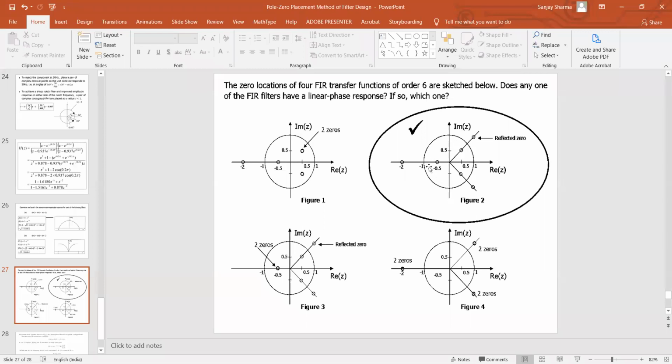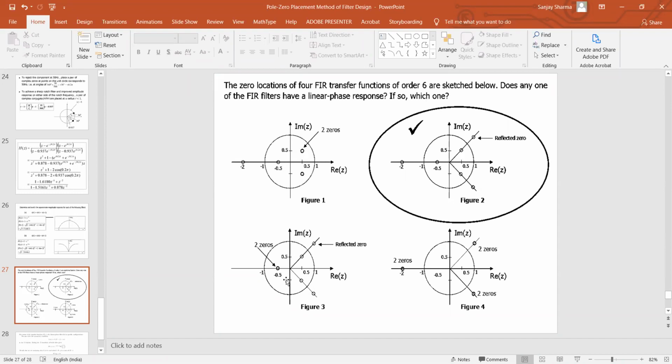This is again an example of a mixed phase, but the zeros are the reflections of each other. In this case, this is a reflection of this zero, this is a reflection of this zero, whereas this is a reflection of this zero. But in this case, only 1 zero is a reflection of the other zero, but the other 4 zeros are not the reflections, are not the reverse of the system.